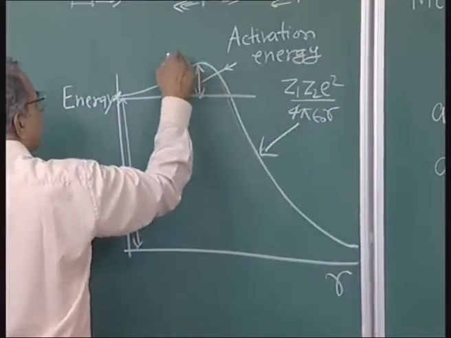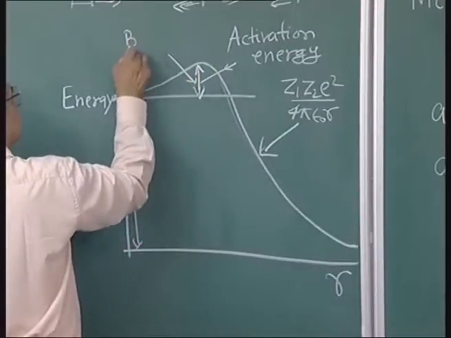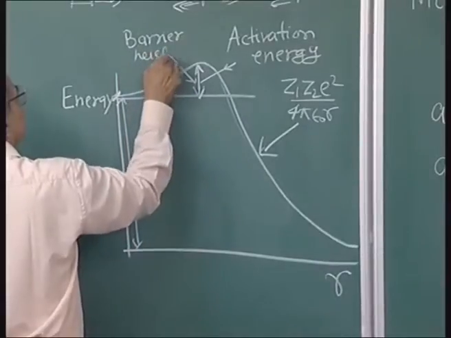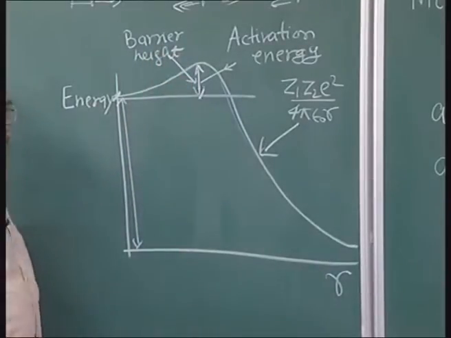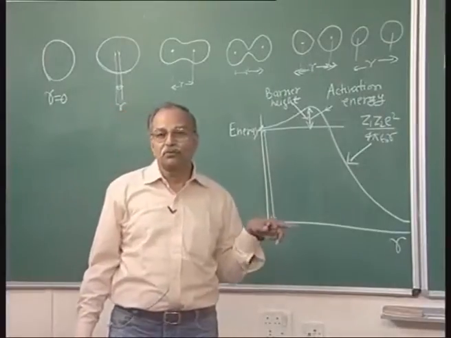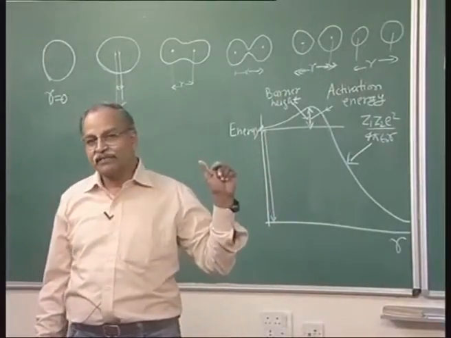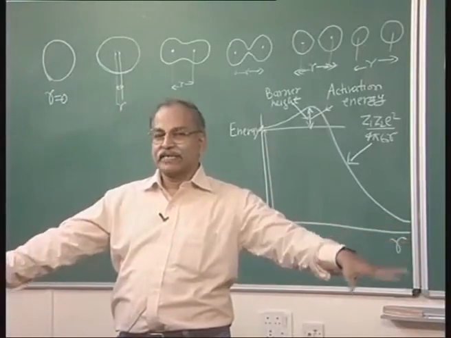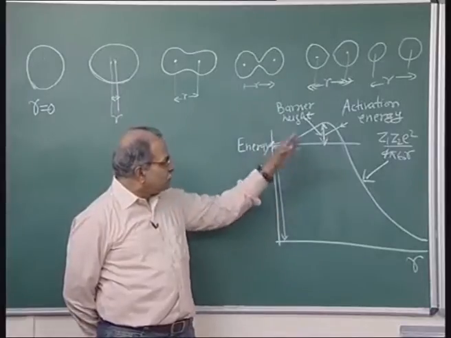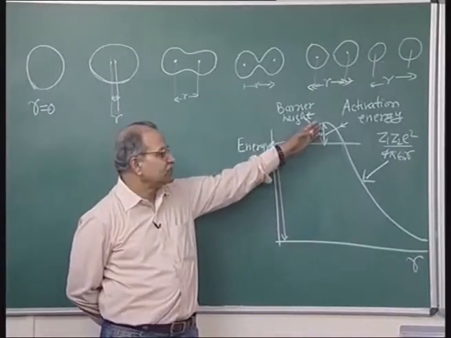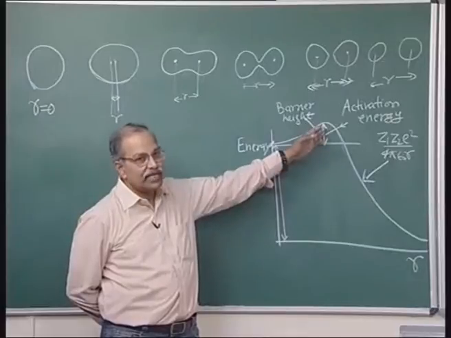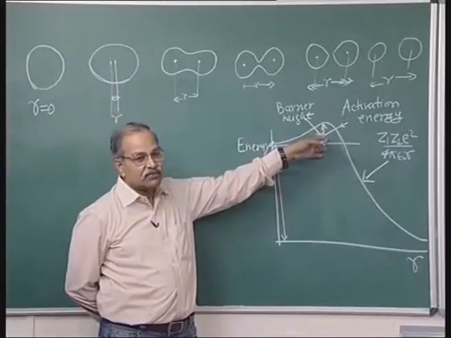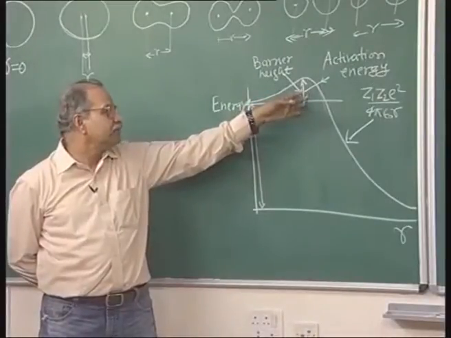You can also call it barrier height. It is a potential barrier. So, the fission has to go through this potential barrier to really get to that fragment state. So, this barrier is the answer to the question that why do we have stable or very stable nuclei beyond that A greater than 100.